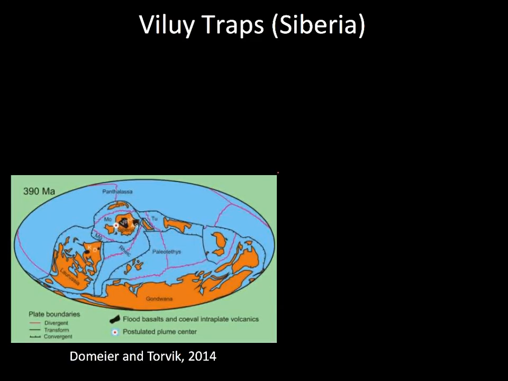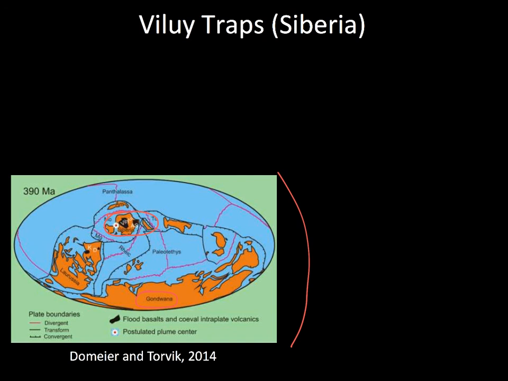Down here is the look of the Earth in the late Devonian period, and you can see that the large landmass is called Gondwana. And the Viluy Traps would have been up here on a very, very ancient version of Siberia.